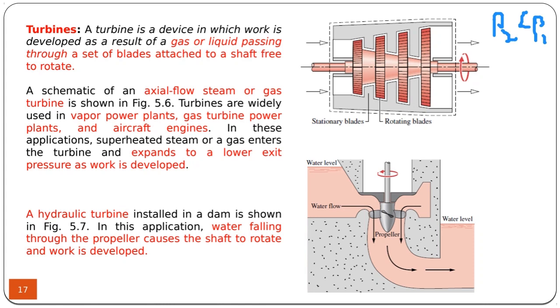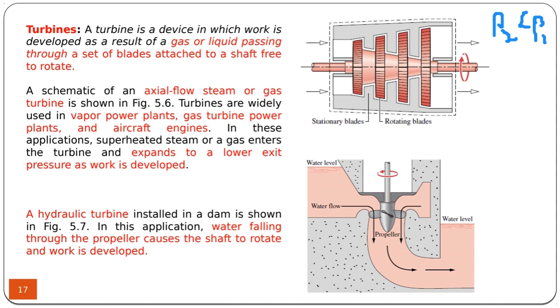Another type of turbine is a hydraulic turbine. In a hydraulic turbine, the potential energy at the inlet is converted to work, very similar to the top one, but in the top one the kinetic energy is converted to work, while in this bottom one the potential energy at the inlet is converted to work.